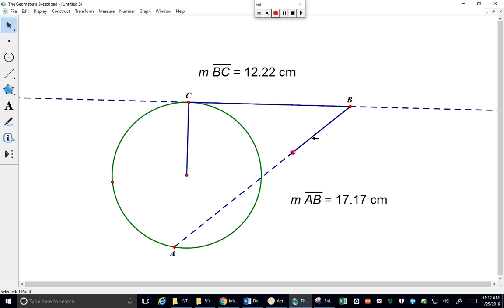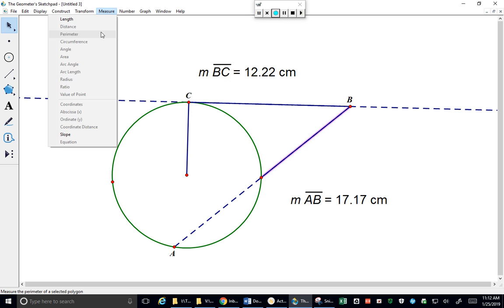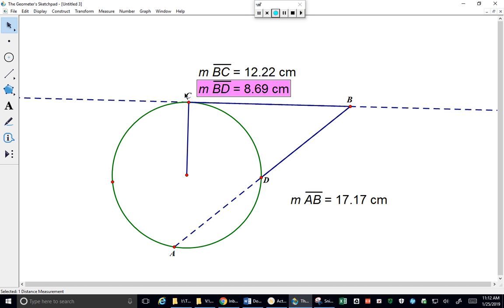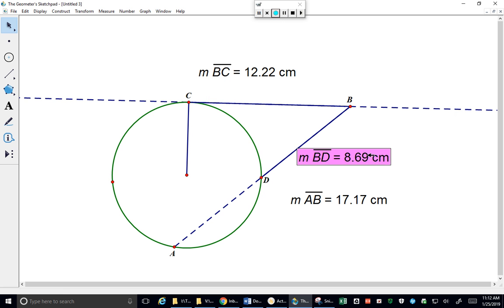Nope. Delete. And try again. I need it to be the intersection point exactly. There we go. Measure that length. So let's move it down here where it goes.